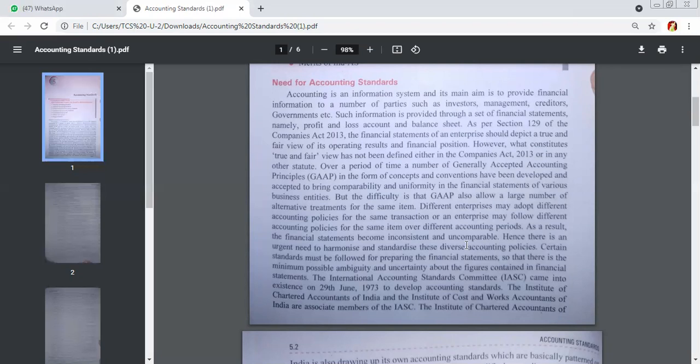Why? Because in GAAP, various alternate methods have been given to prepare those accounts. So in case of various alternate methods, what happened? Many times different enterprises just use different methods. In that case, the accounts will not be uniform and comparability will not be possible for analysis.